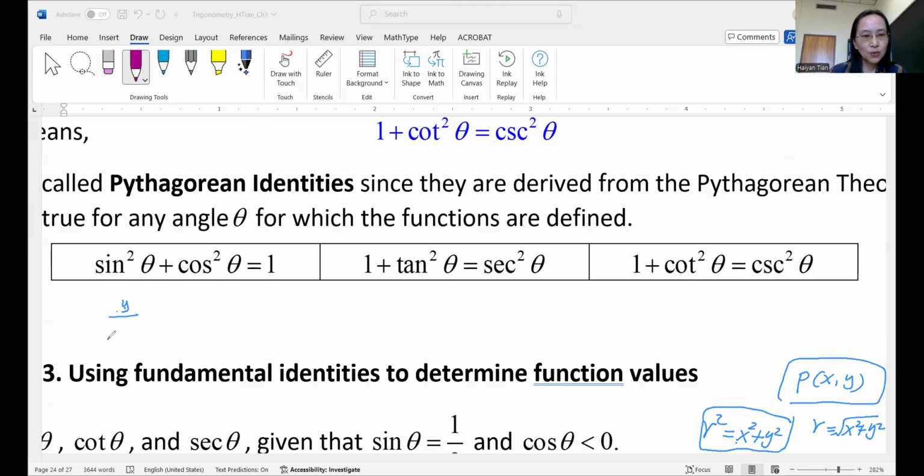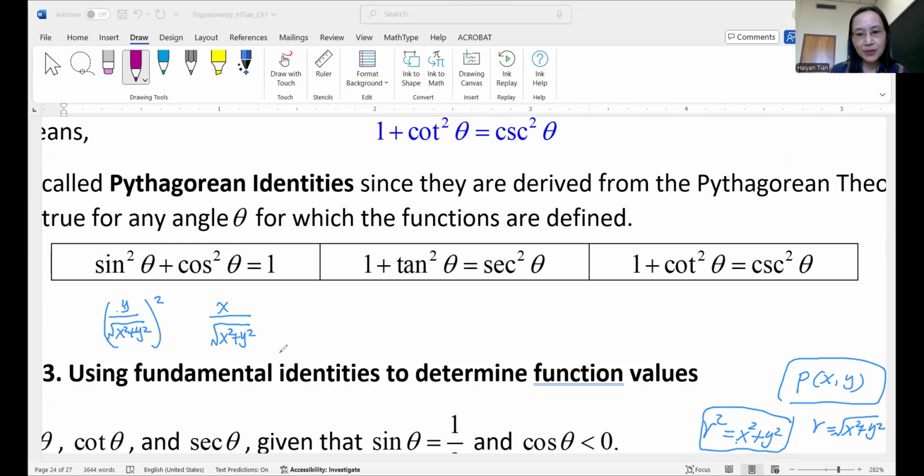So y over r, if you square it, that is the sine value squared. And cosine theta is x over r.